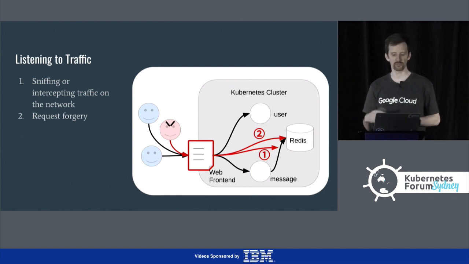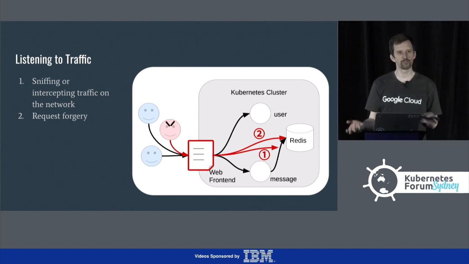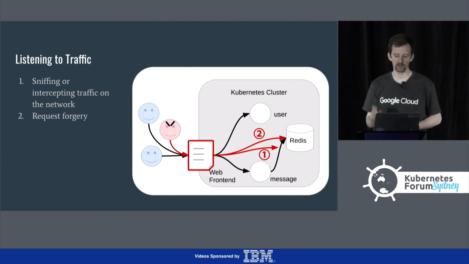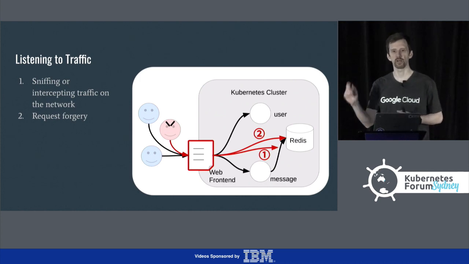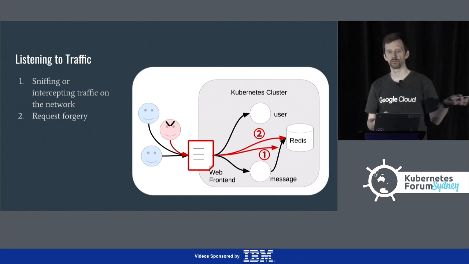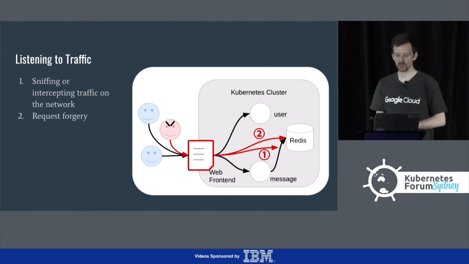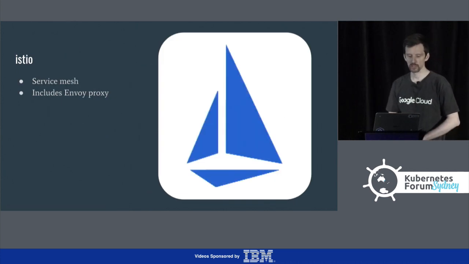You might be able to do that if you had code execution inside of a pod, and get information about what's running inside your cluster that way, and also send requests to another service as if you were another service. So basically forging requests and making services do things inside the cluster that you wouldn't normally want to allow. And this is where service meshes really help.